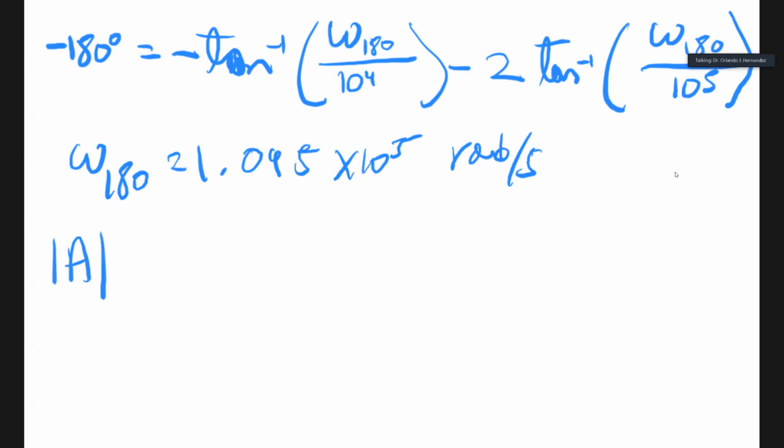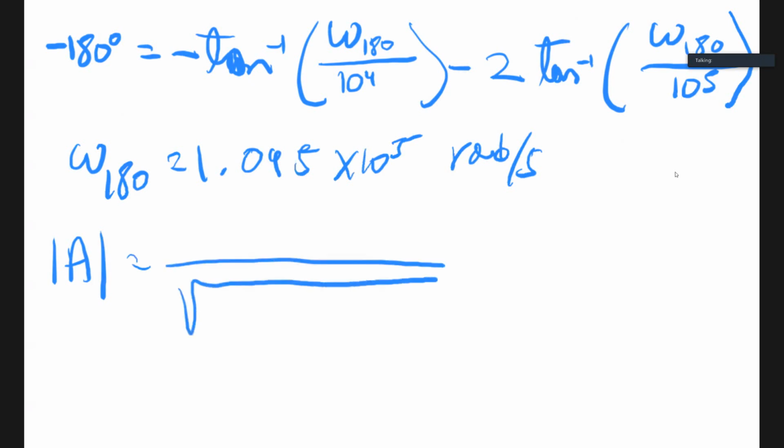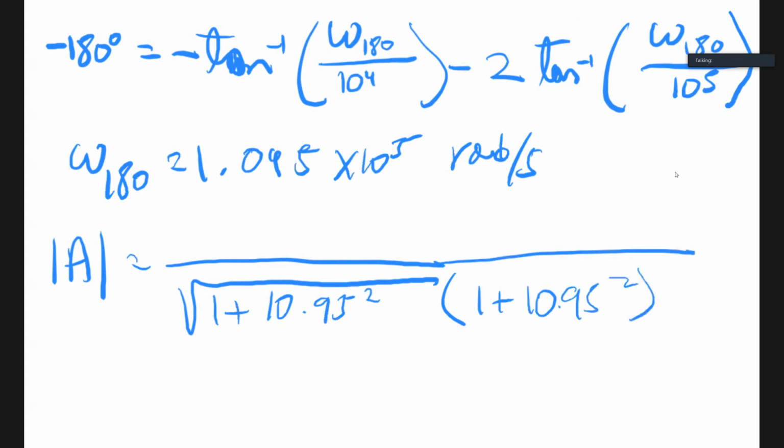And you find that the magnitude of A at that frequency is 10.95 squared times 1 plus 10.95 squared, divided by 10 to the 4th, which is equal to 413.6.